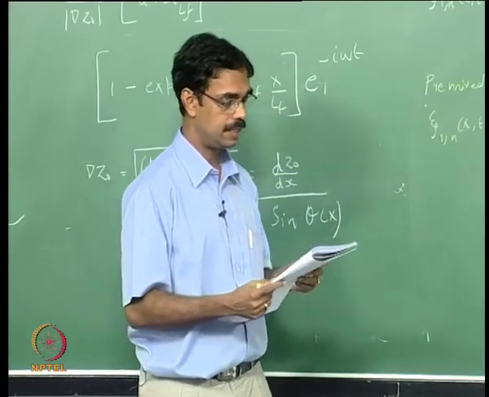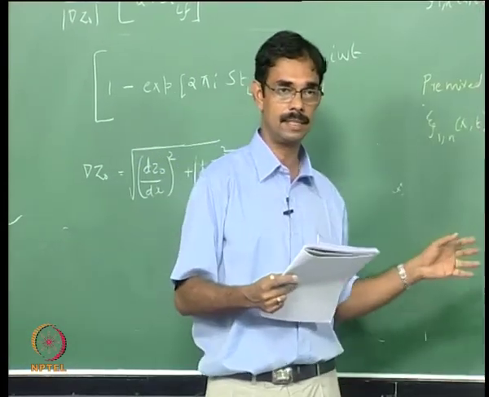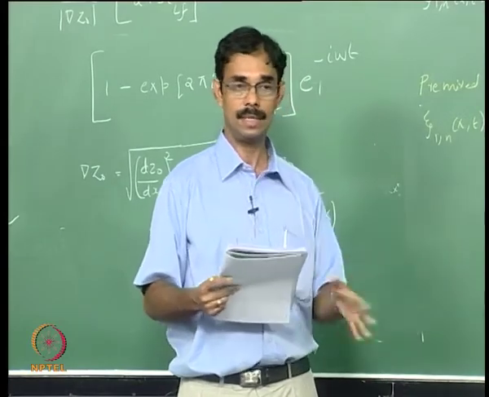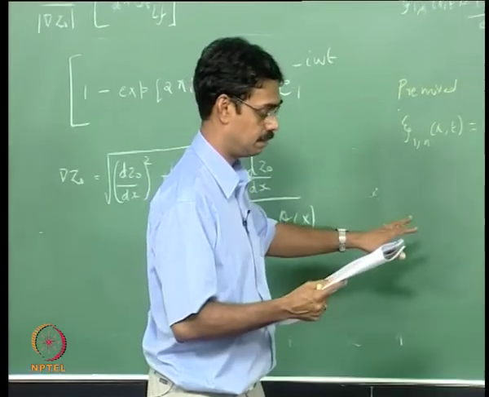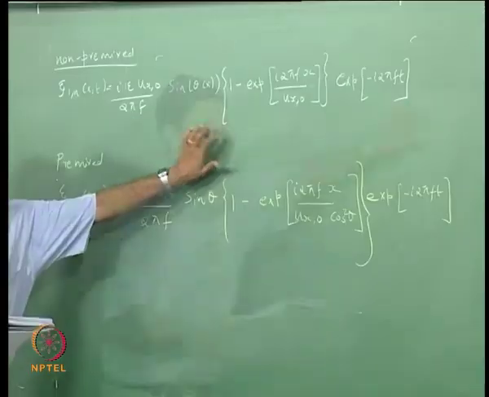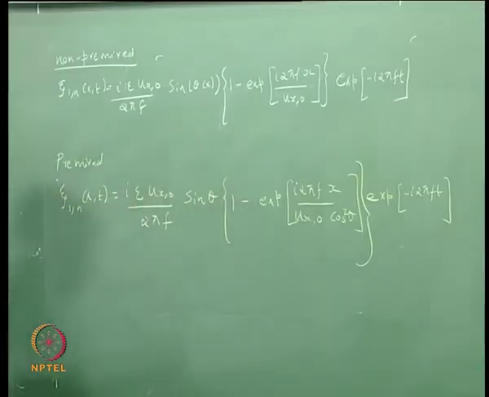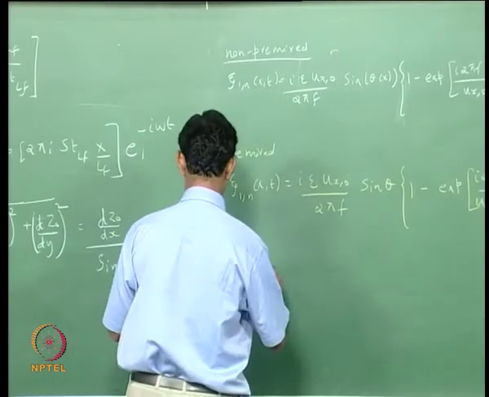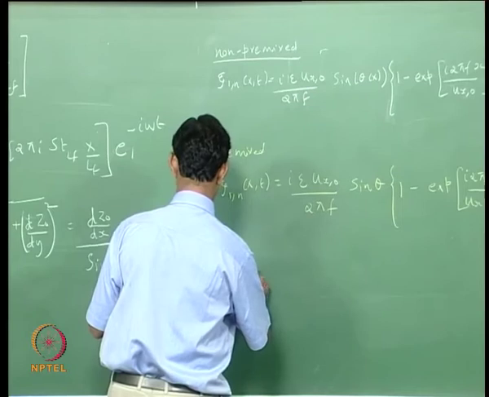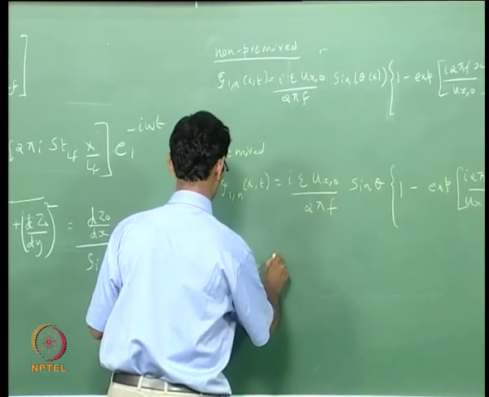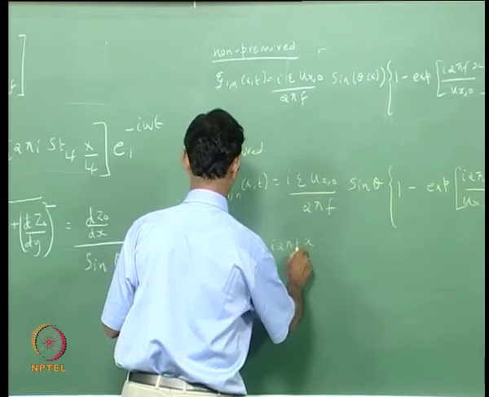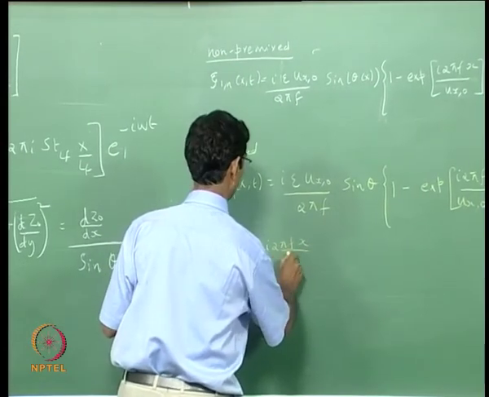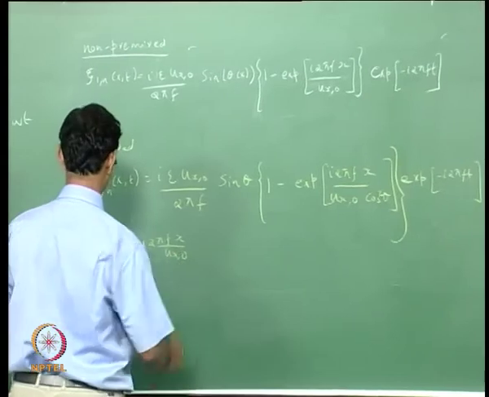Now due to the interference between the wrinkles generated at the x equal to 0 boundary and the disturbance locally, you will have this pattern, and that is being reflected in this term, spatial pattern. And so you have this term 1 minus exp(i 2 pi f x over u x0).